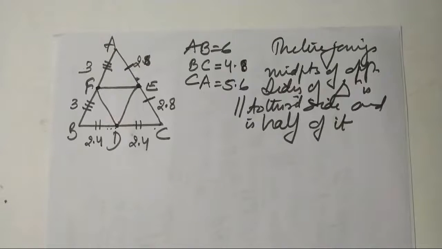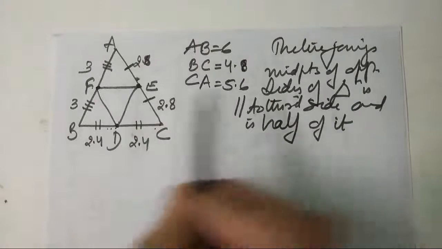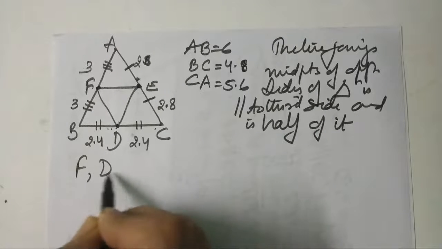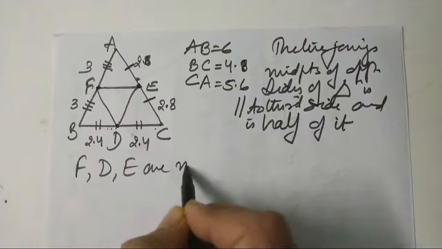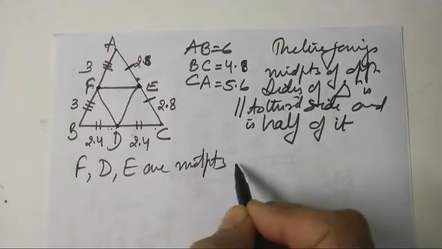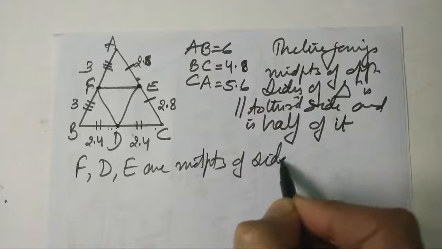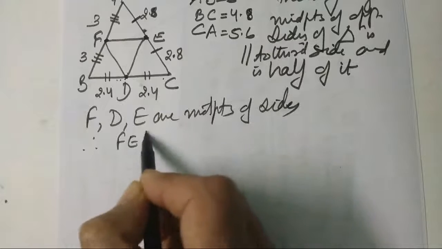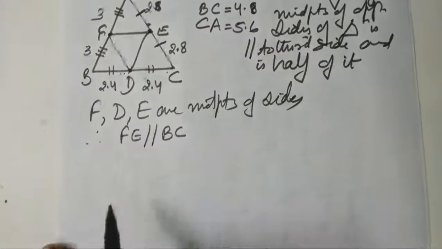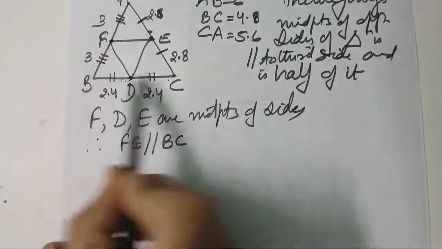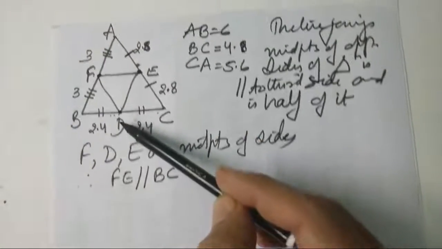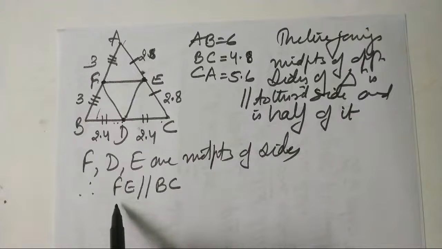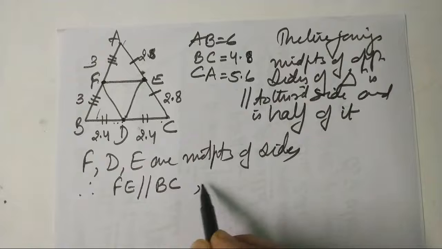So whenever we apply a theorem, we have to see that our question matches with the theorem. F, D, E are midpoints, so mention it. Therefore, FE is parallel to BC. This line will become parallel to this line. This line will become parallel to this line. So three things will happen.